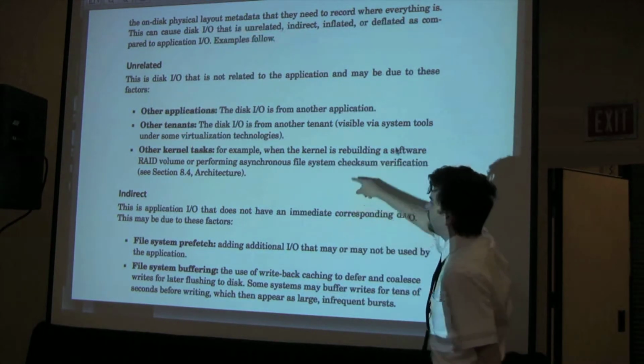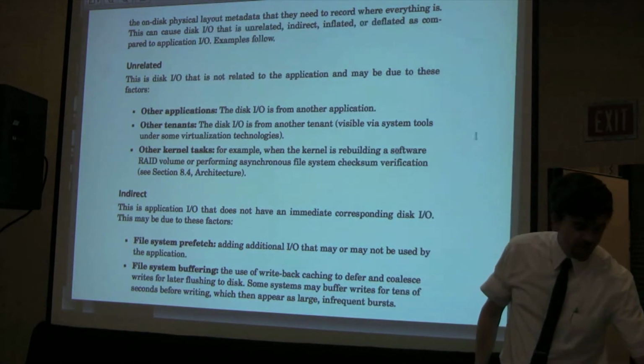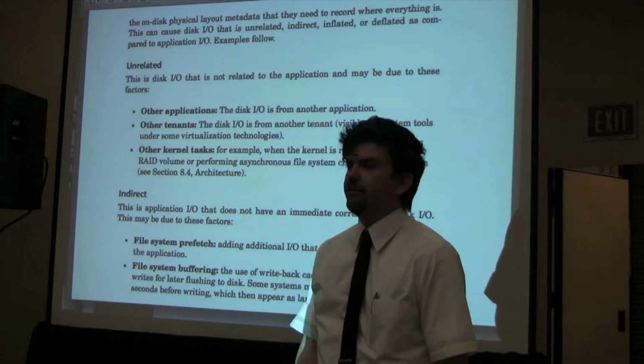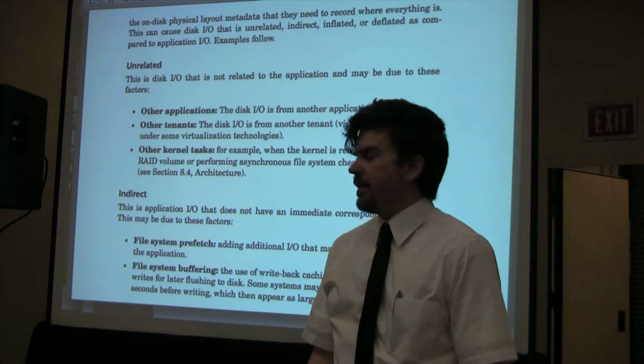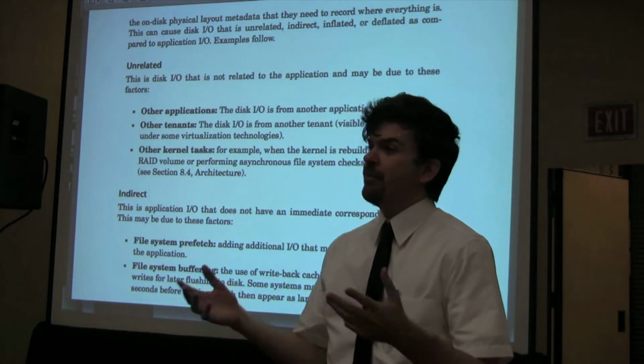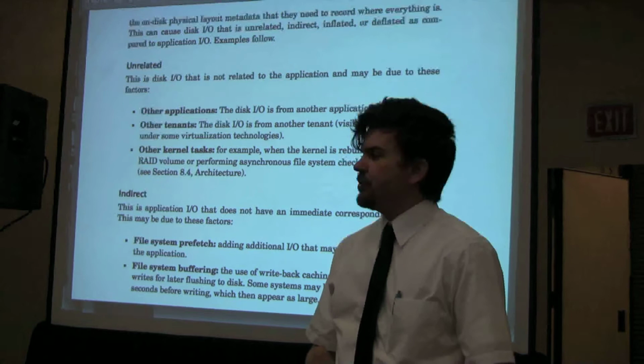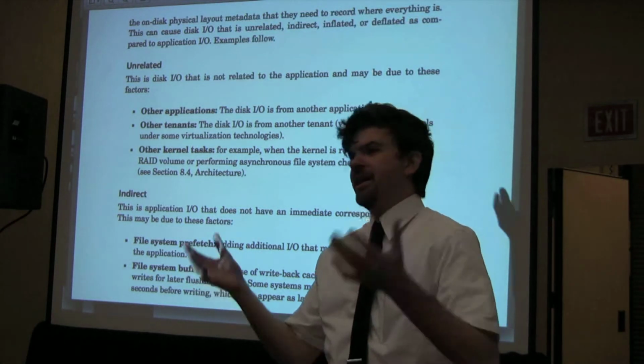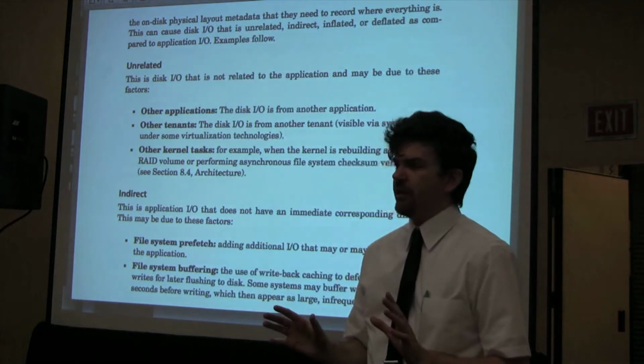There can be other kernel tasks as well. So ZFS can do disk resilvering, and it can also do scrubbing for checksums. And there's no process doing this. So suddenly my disks are starting to do work. It's very low priority work.